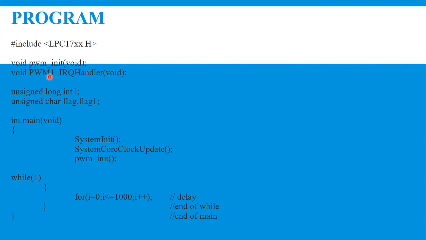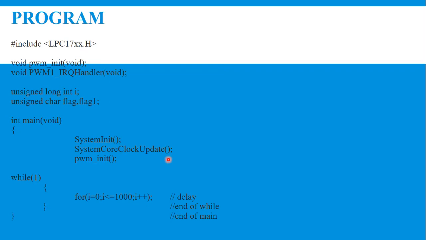Then void PWM1 IRQ handler, since it is the NVIC, nested vector interrupt controller. Unsigned long integer i and flag1 are the intermediate variables used to generate the PWM signal. In the main part of the program, SystemInit and SystemCoreClockUpdate are the main functions for the clock and PLL update, built-in functions of CMSIS.